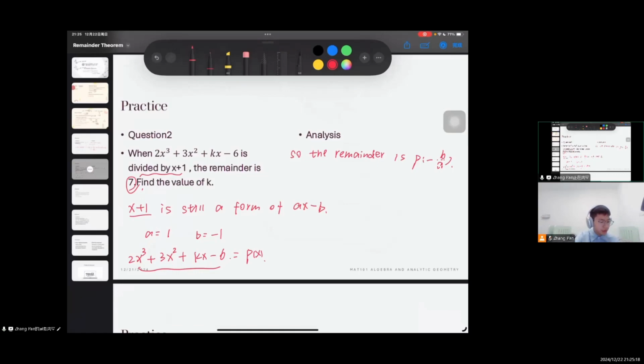Let's calculate. It equals 7 because the remainder is 7, right? So we can find out k equals 12.